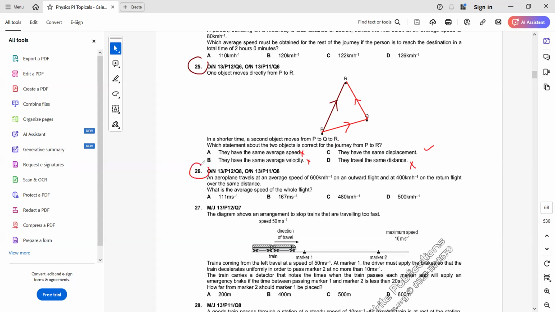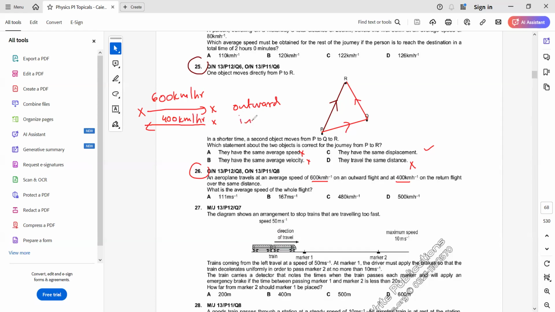Let's try question 26. It says an aeroplane travels at an average speed of 600 kilometers per hour on an outward flight and at 400 kilometers per hour on the return flight. Let's say that's the plane, and it moves on an outward flight with 600 kilometers per hour. And for the same journey, on the inward flight, the plane is traveling 400 kilometers per hour.